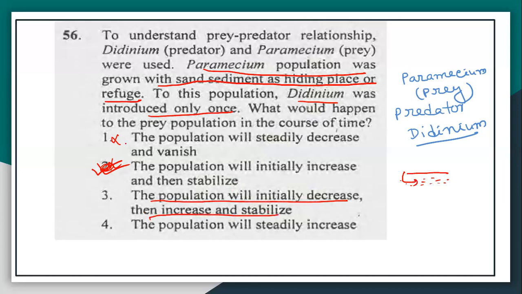Yes, this will be the correct answer, because at first the population is not able to adapt to the predator. The predator initially decreases it some, and then paramecium learn to hide in the sand, and they will survive. So the prey population will initially decrease and then increase and stabilize. Population steadily increase: no. So option 3 is the correct answer.